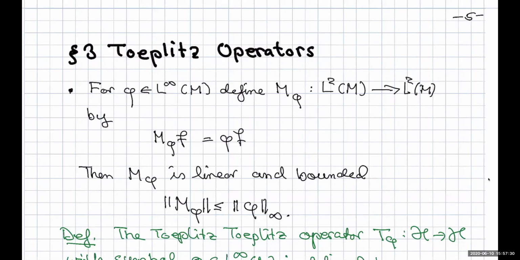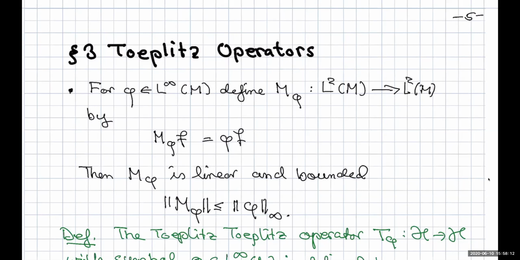This is really the only reason you take an infinity-norm function: it guarantees a bounded operator. You could also take other classes of functions, even distributions, and you will probably just get a densely defined operator. Or, depending on the properties of the measure, it might even end up being bounded. But this makes it absolutely sure, without having to think about further properties, that this is a bounded operator.